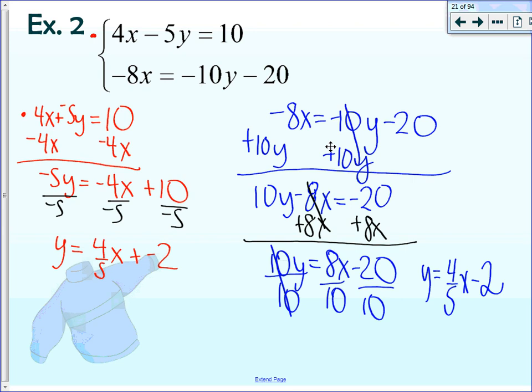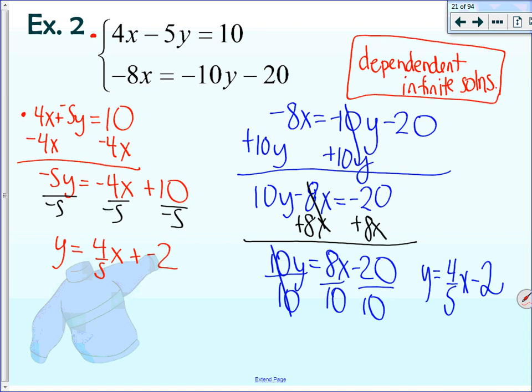So if they're on top of each other, what do we say? Dependent. And how many solutions are there? Infinite. Yeah, dependent and infinite solutions. Yes. So those 3 dots mean therefore they're the same line. So we can graph them, but it's just going to be one line right on top of the other line. So good luck.